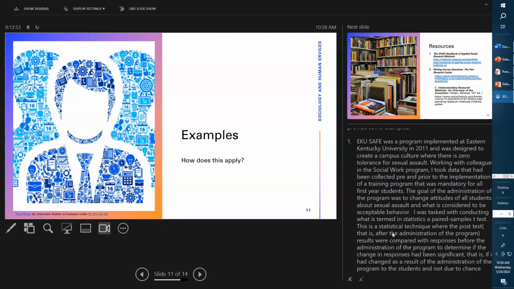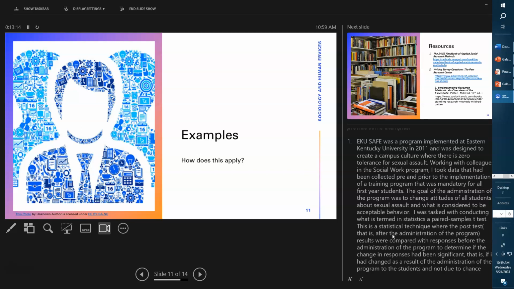I was tasked with conducting what is termed in statistics a paired samples t-test, where the responses are a dependent variable measured against the initial responses or the independent variable.